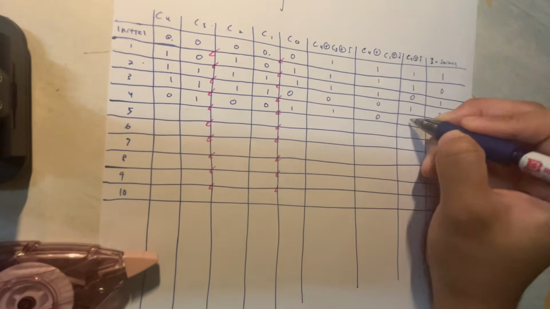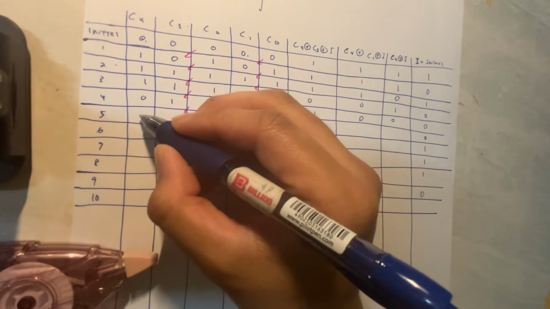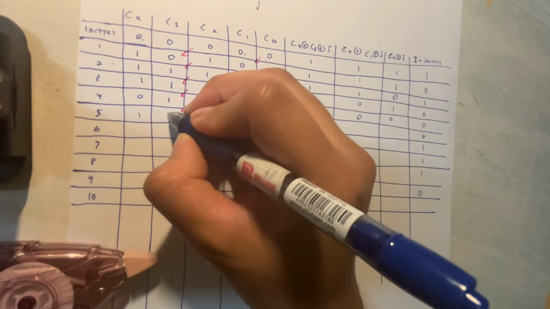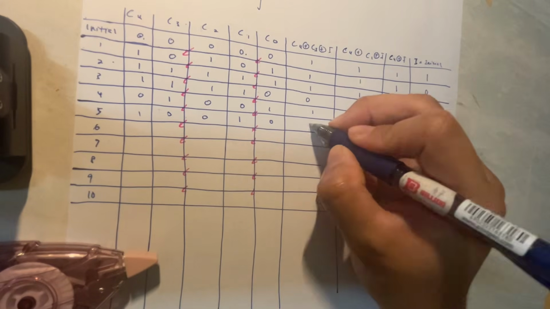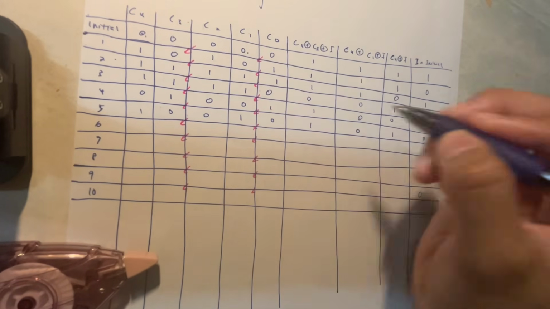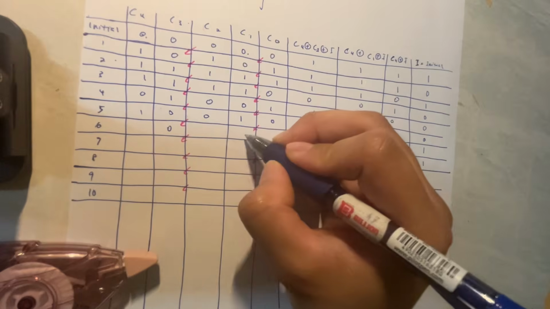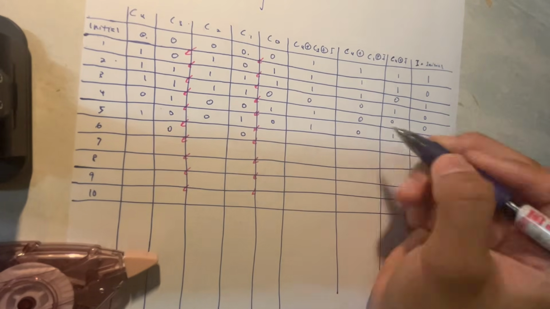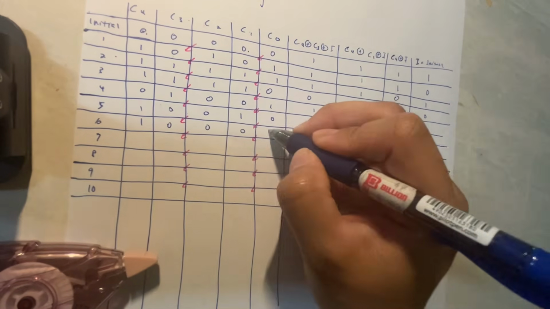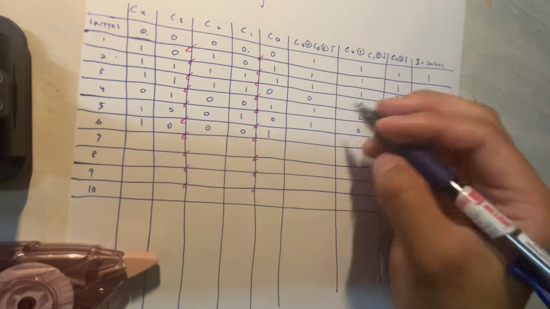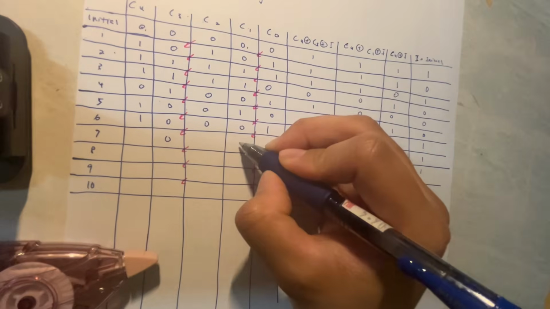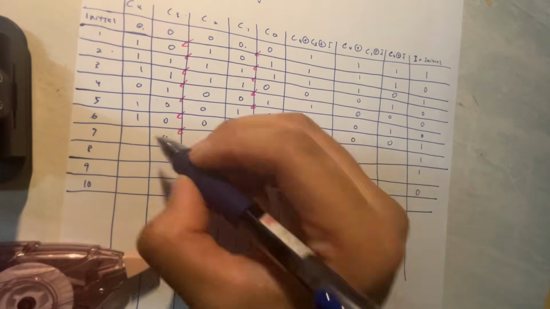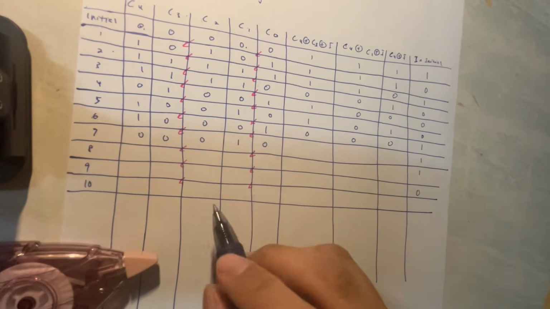C1, 0, 0, 0. And then 1, 0, 0, 1, 0. 1, 0, 1, 0, 0, 1, 0, 1, 1, 0, 1. 0, 0, 0, 0, 1, 0, 0, 0, 0, 0, 0.